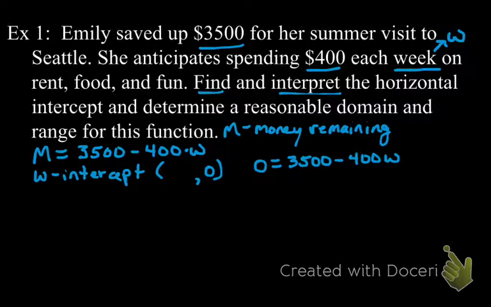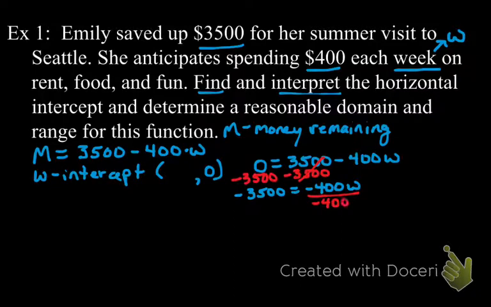So the first thing we're going to do is subtract 3,500 from the right-hand side to cancel that out, and we need to subtract the same thing from the left-hand side. That gives us negative 3,500 is equal to negative 400w, and then we need to cancel out the negative 400, so they're multiplying, so we want to divide by negative 400, and that will cancel that out on the right.